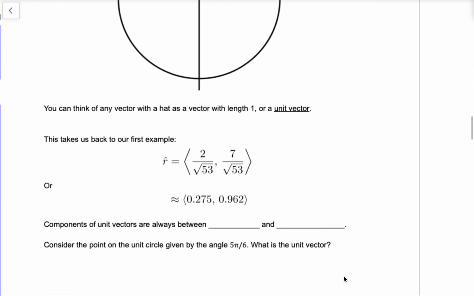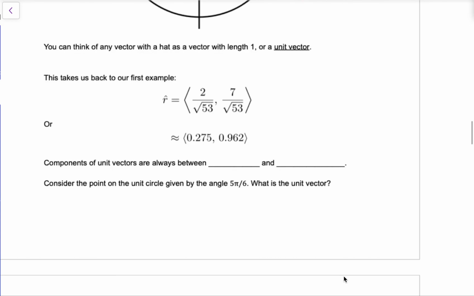Let's take a look back to our first example. This r hat vector we said was 2 over the square root of 53 in the x direction and 7 over the square root of 53 in the y direction.